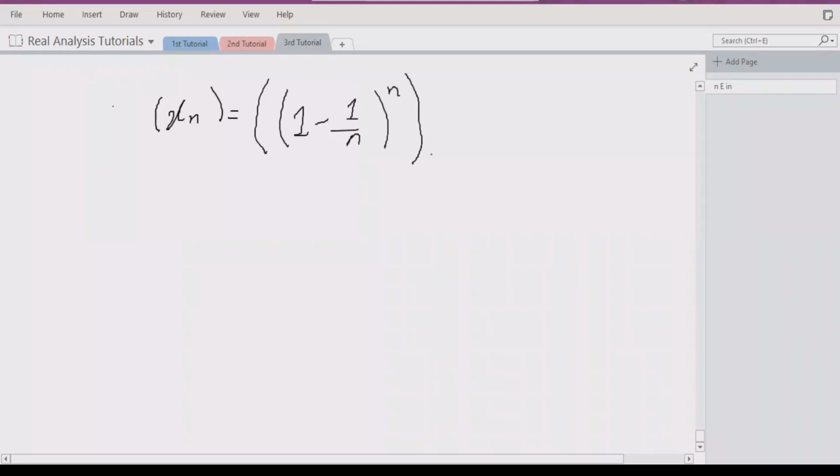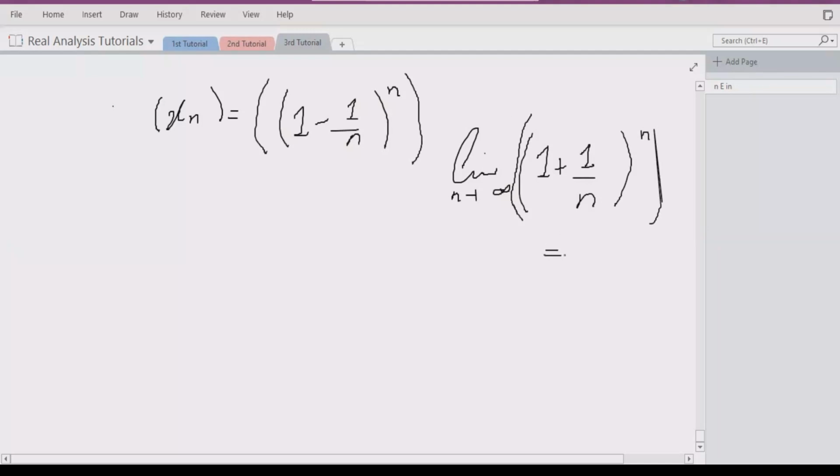This is the sequence we are given. The thing we already know is that the limit as n tends to infinity of 1 plus 1 over n to the power n is e, but here what we have is a minus sign.